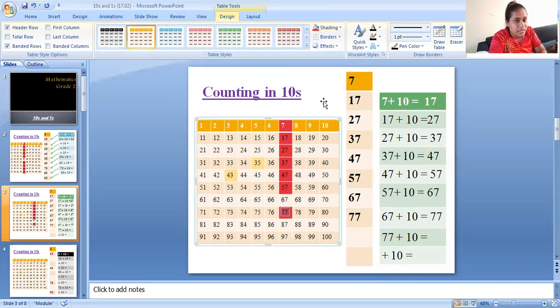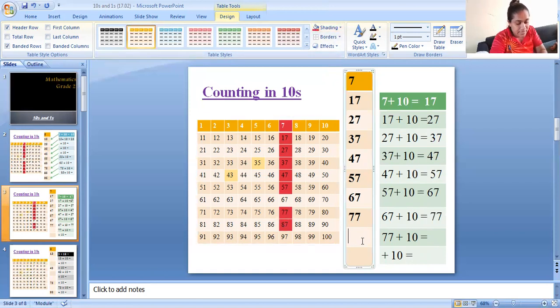Let's find the answer. 1, 2, 3, 4, 5, 6, 7, 8, 9, 10. This is the answer for that. What is it? 77 plus 10 is equal to 87.